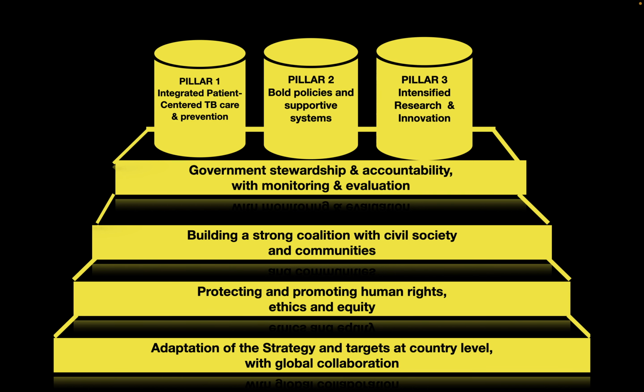Every country is in a different position, so they should have their own strategy. Like the Government of India, India has a national strategic plan. So we have a strategic plan and our own targets, and we also need to collaborate with the global players. The second strategy is we need to also protect and promote human rights, ethics and equity.